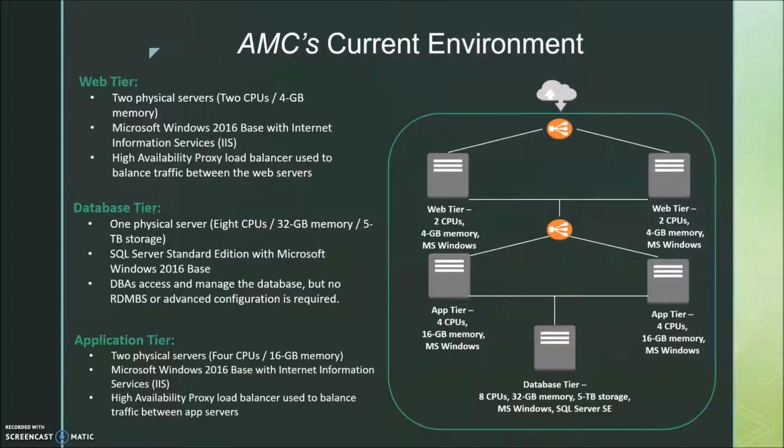Database administrators can access and manage the database but no relational database management system or advanced configuration is required. The application tier consists of 2 physical servers, which are 4 CPUs with 16 GB of memory, the Microsoft Windows 2016 base with Internet Information Services, and a high availability proxy load balancer used to balance traffic between the application servers.